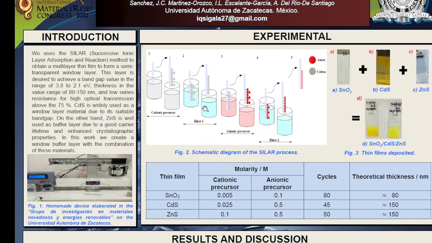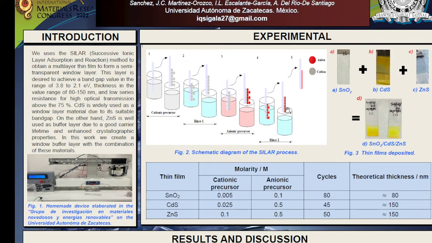In the experimental methodology, SILAR needs four microprocesses. One is the immersion in the cationic precursor. The second one is a rinse. The third one is an immersion in the anionic precursor, and the fourth one is a second rinse.